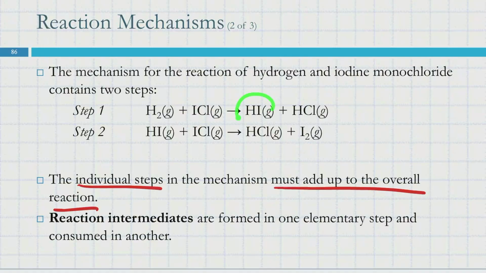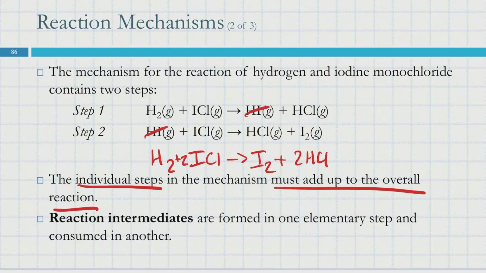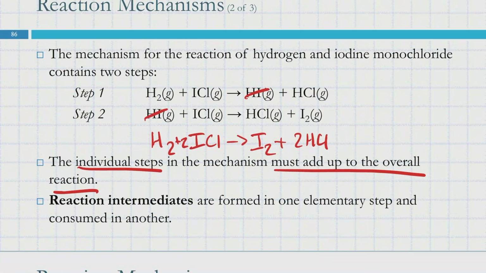For example, we've got an HI up here, we've got an HI down here. Those would cancel out. We've got an ICl, another ICl. So we could combine those two sides, and it should look like what we saw before. That would just be us checking that these steps are consistent with the overall reaction.